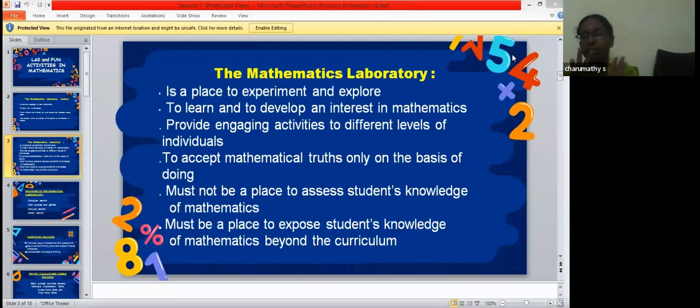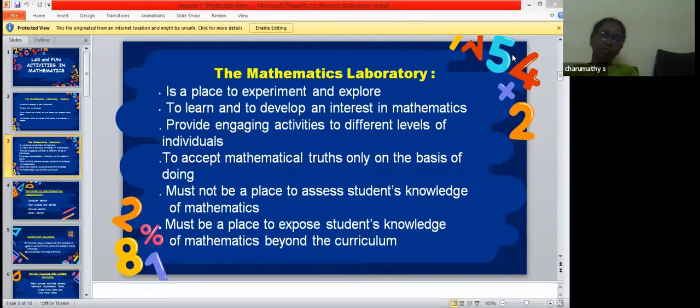So here all 3 domains are involved. For the psychomotor domain, they use their hands, their brain, their eyes, all the sensory organs when they use the kit. They touch, they feel everything. So all 3 domains have their foundation laid when they work in the maths lab.